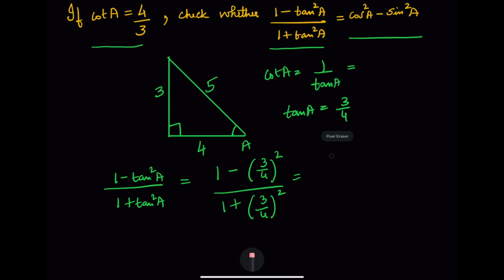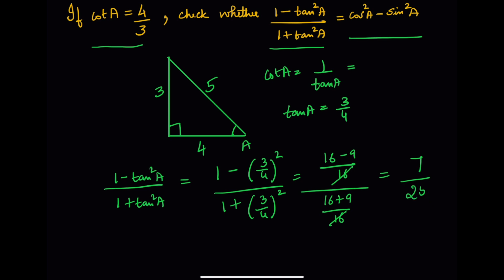So this would be 16 minus 9 by 16 divided by 16 plus 9 by 16. We can cancel the denominators, so this would be 7 by 25.